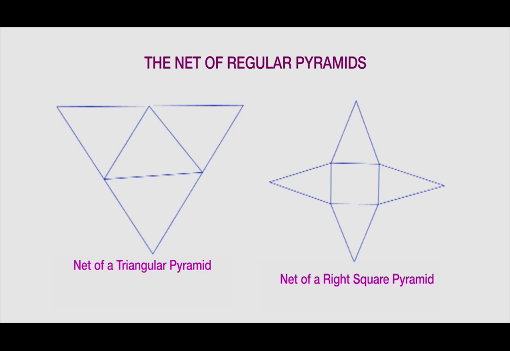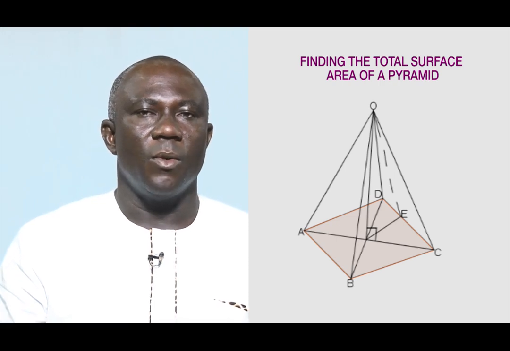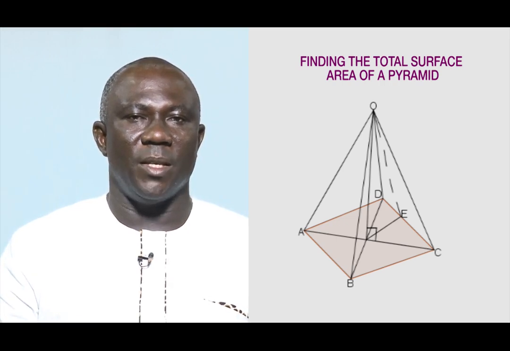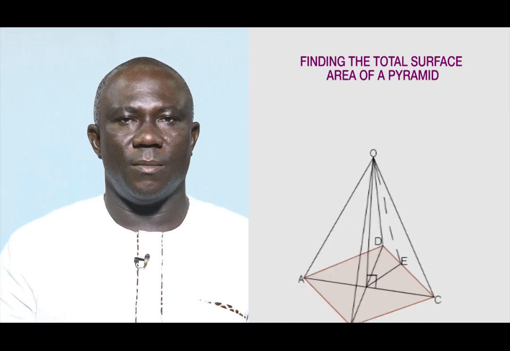Now we want to look at how to find the total surface area of a pyramid. The total surface area of a pyramid can be calculated by finding the surface area of each face making the pyramid. Let us consider a right square pyramid, as you can see on your screen. We established that the net is made up of a square base and 4 equilateral triangles.